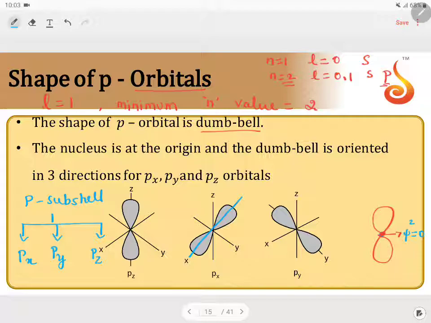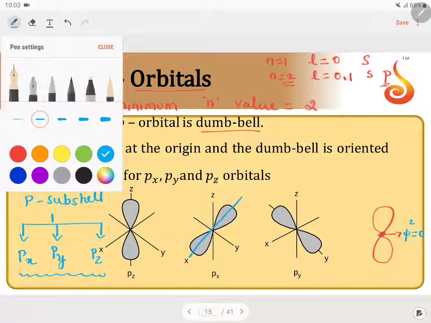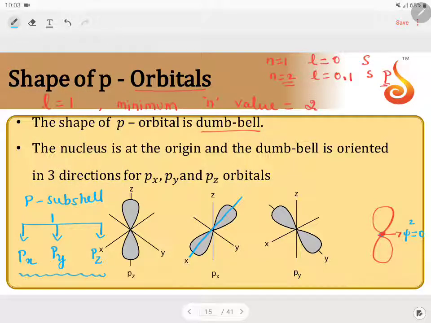If you consider all the three orbitals, these orbitals will have same energy, same shape, same size. They have same size, shape and energy.